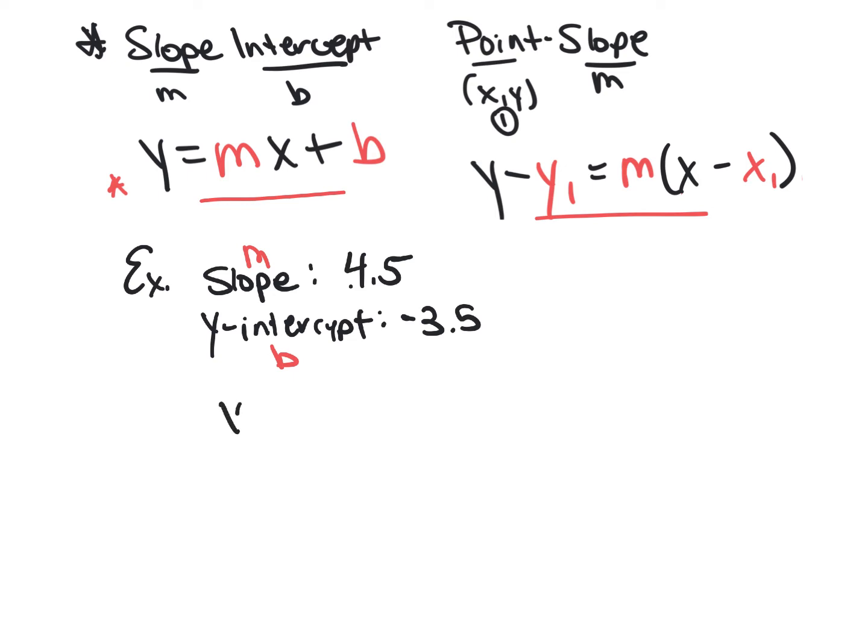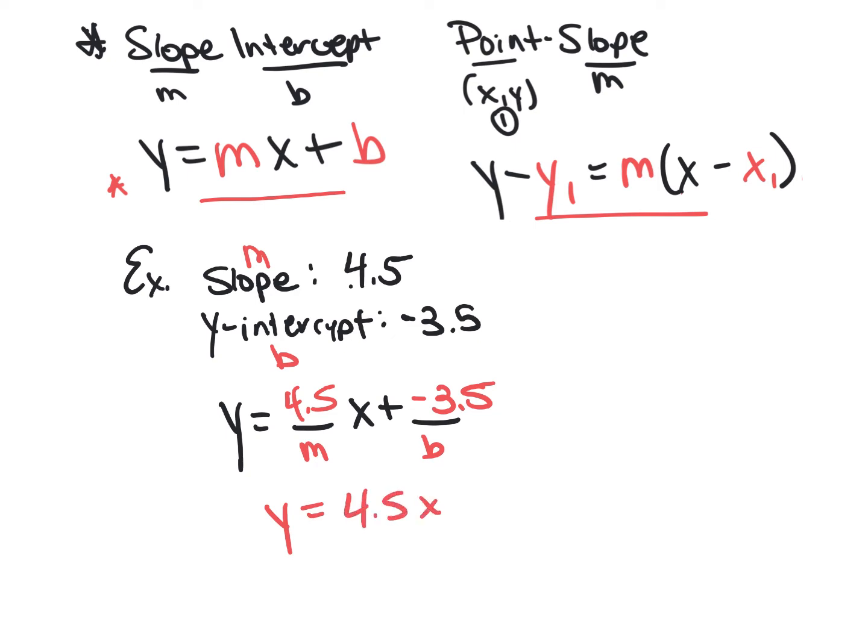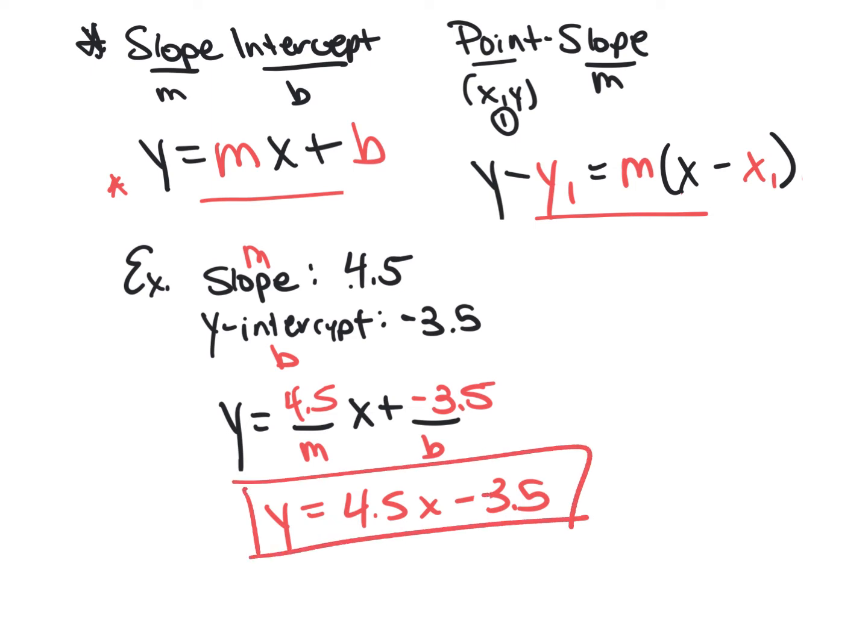And so we're going to say y equals blank x plus blank. So remember, this is where my m, my slope, and my b go. So m is 4.5, and my y-intercept is negative 3.5. So we could say y equals 4.5x minus 3.5. Okay, that's kind of sloppy right there. There we go. And that would be our equation.